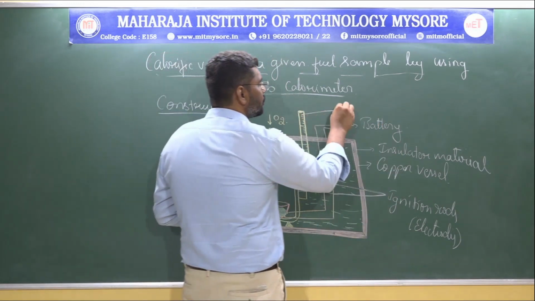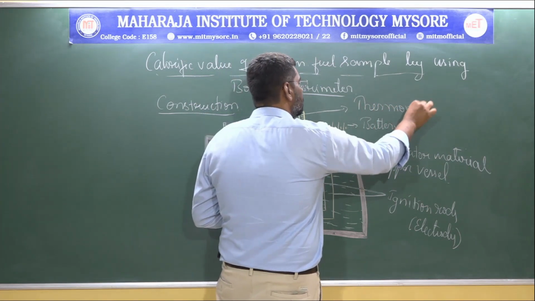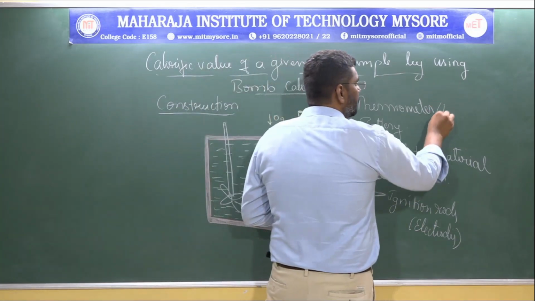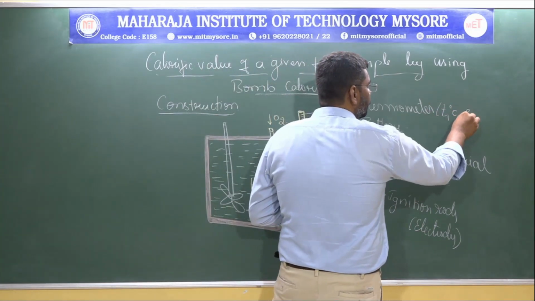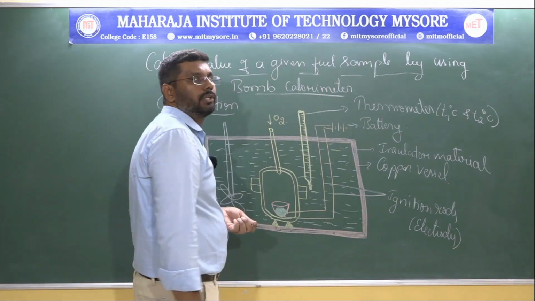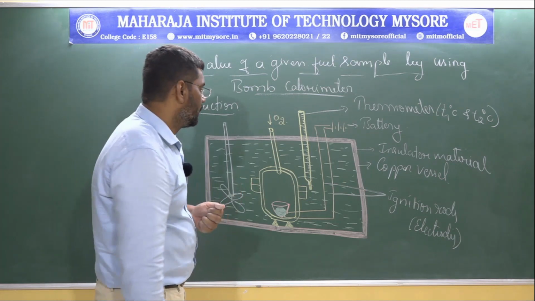Next, there is the presence of a thermometer to note down the initial temperature T1 degree centigrade and the final temperature T2 degree centigrade. It is a very important component which has been fixed into the bomb calorimeter.